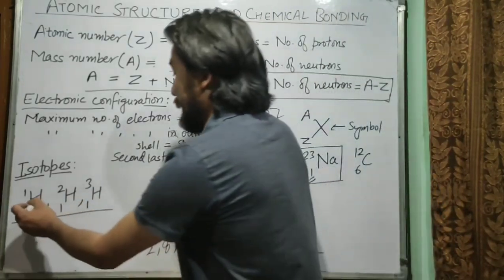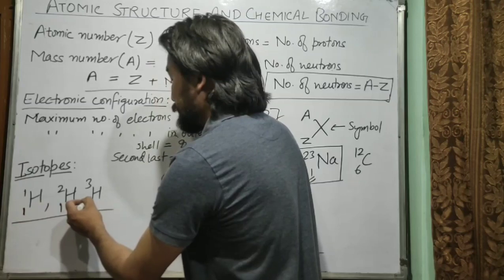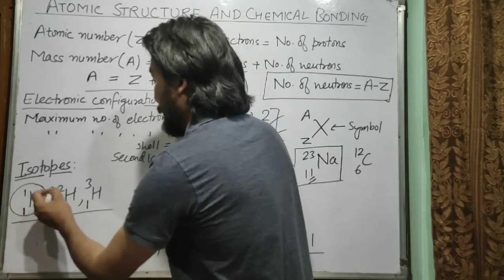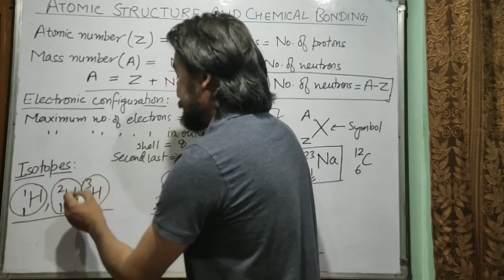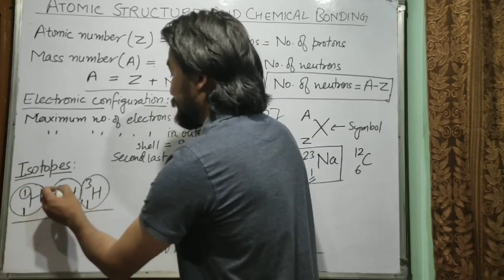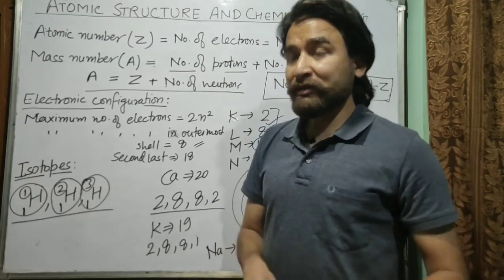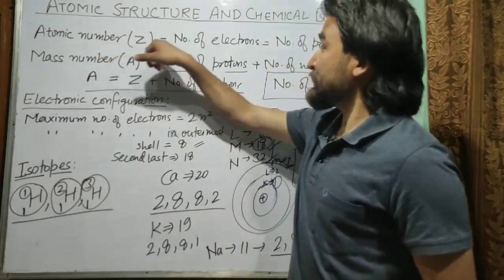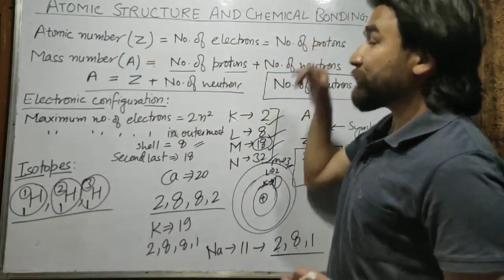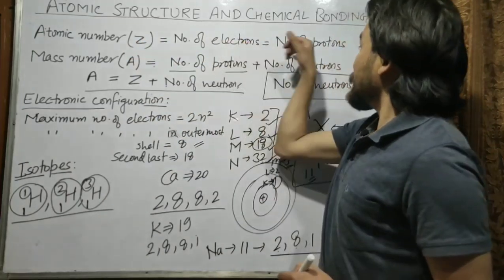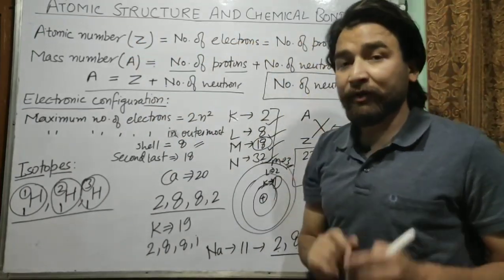Now you can see the atomic number of all these isotopes is the same, but their mass numbers are different. Its mass number is 1, its mass number is 2, its mass number is 3. If the atomic number is the same, it means the number of electrons and the number of protons is the same, because atomic number is equal to the number of electrons or the number of protons.